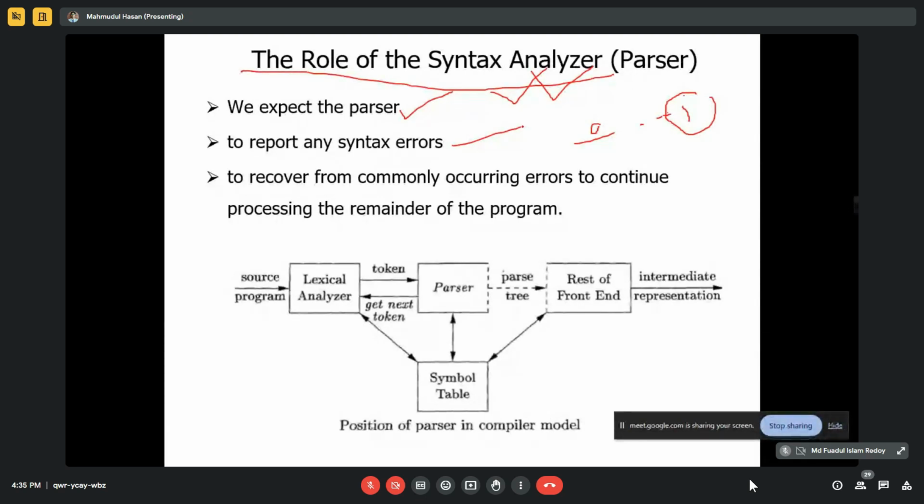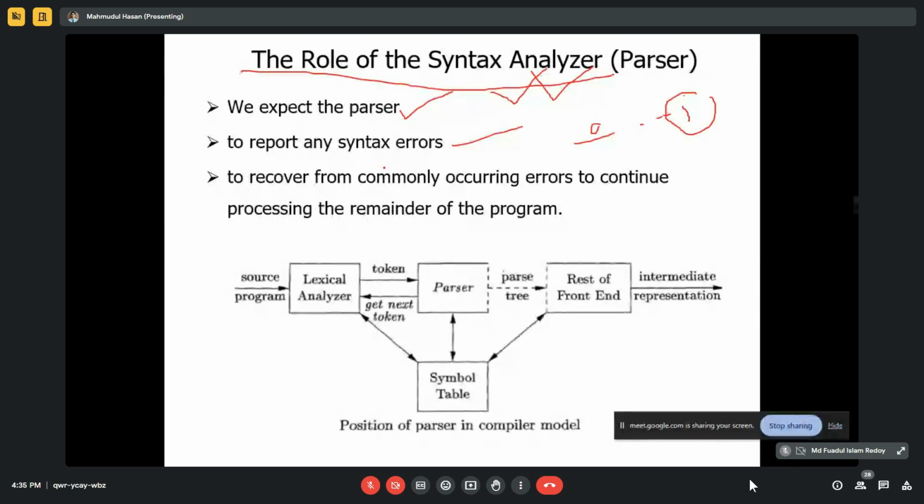Another function of the syntax analyzer is error recovery. What is error recovery? Are you familiar with the word recover? Suppose we took a vaccine for coronavirus. That is prevention: before being infected, you protect yourself.